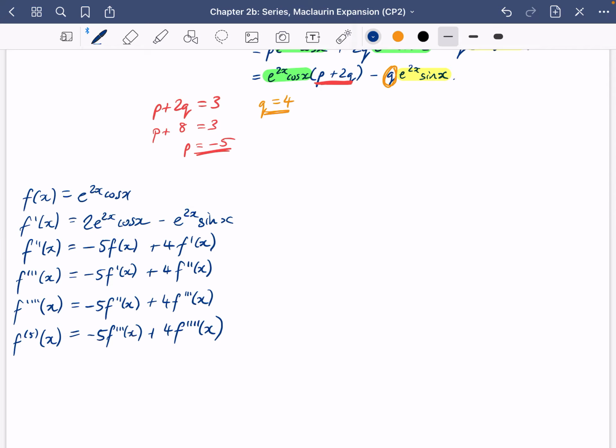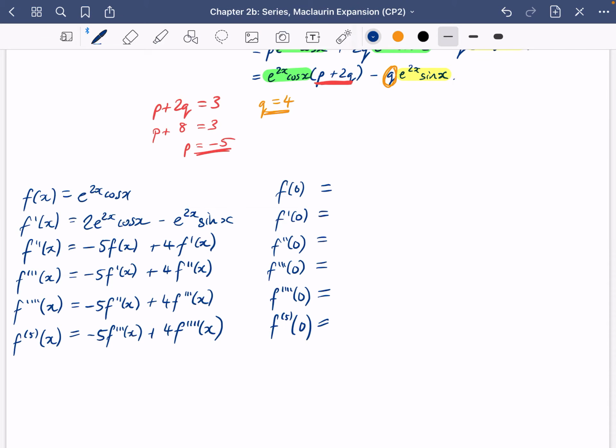And to do the Maclaurin, you need to find out what f of 0, f dash of 0, f double dash 0, f triple dash 0, f with 4 dashes of 0, and f with 5 dashes of 0 are.